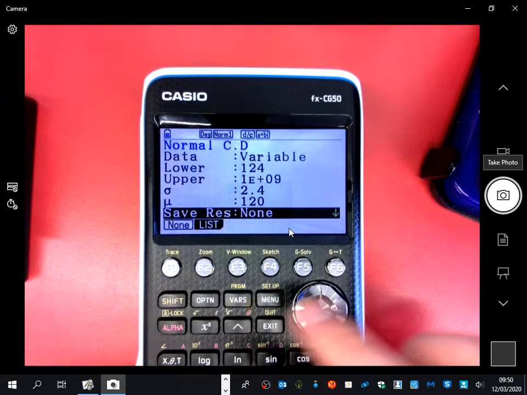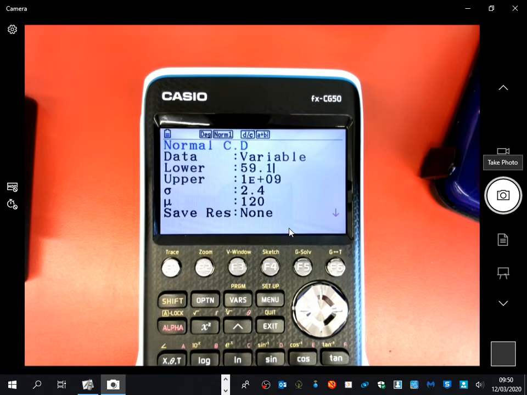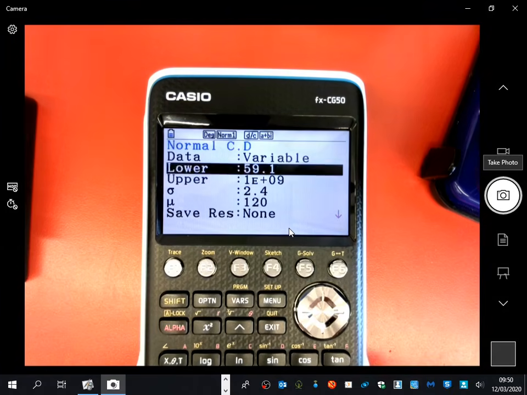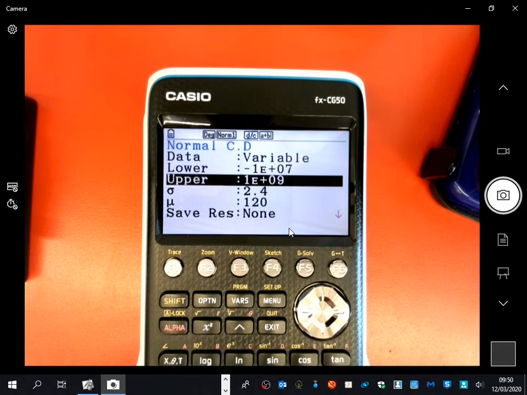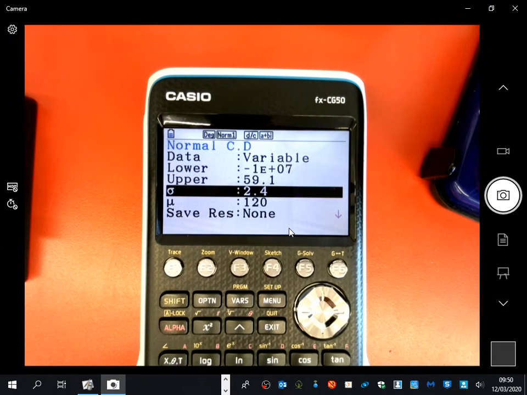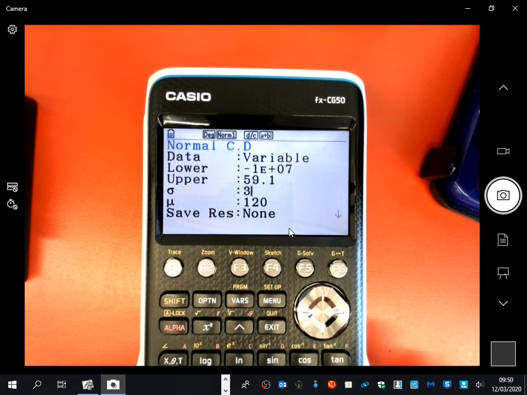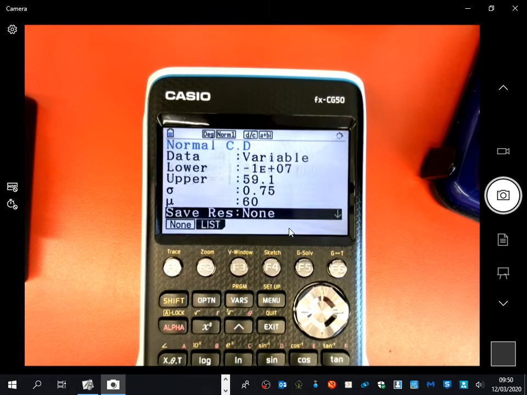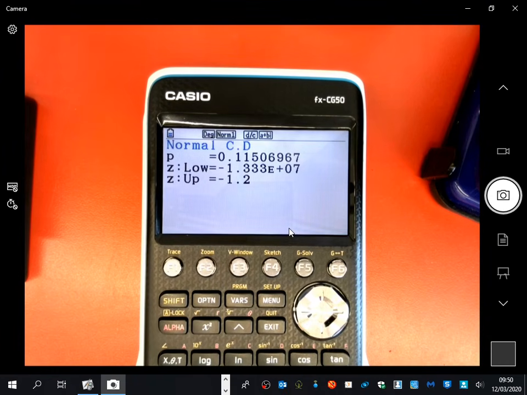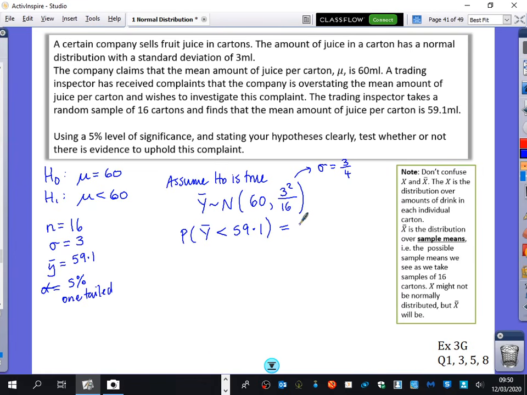So I'm going to... 59.1. Oh, I always do that wrong. Negative infinity, whoosh. 59.1. The standard deviation was 3 over 4, right? And the average was 60. And you get 0.115. Did I type that in right? Everyone else get 0.115. And 0.115 is bigger than 0.05.